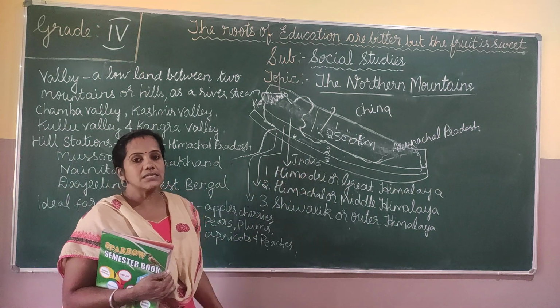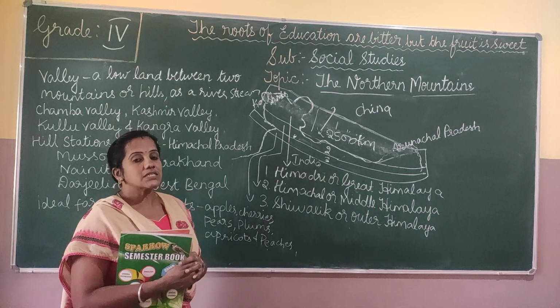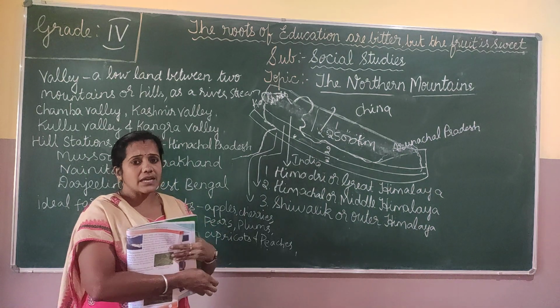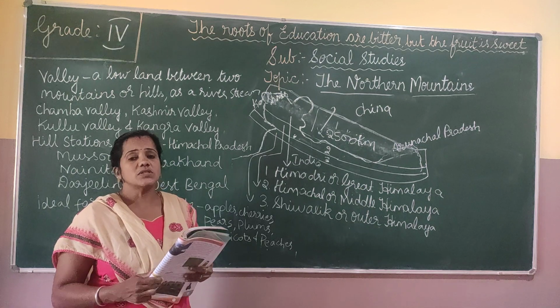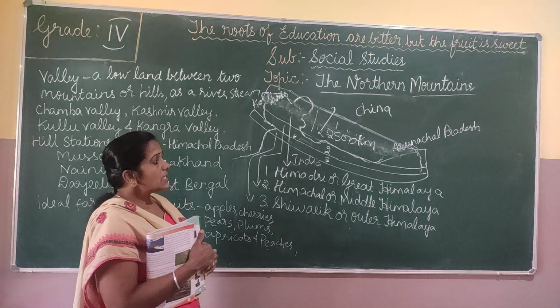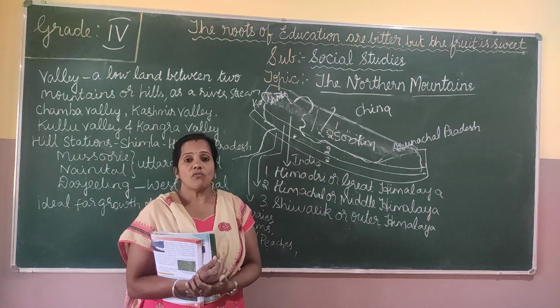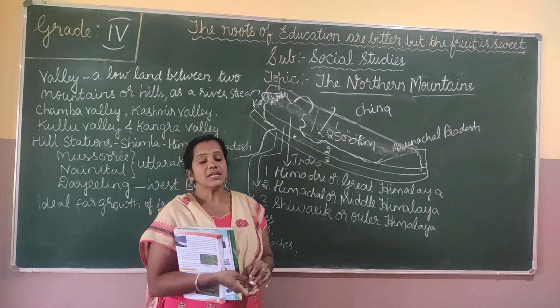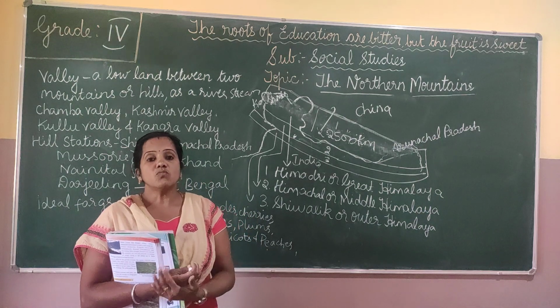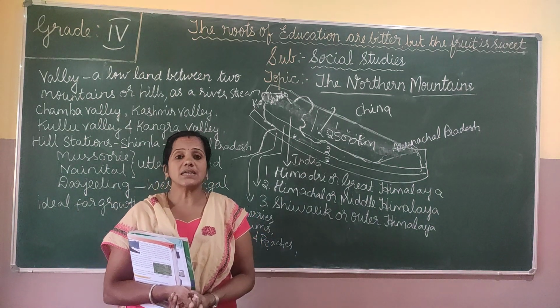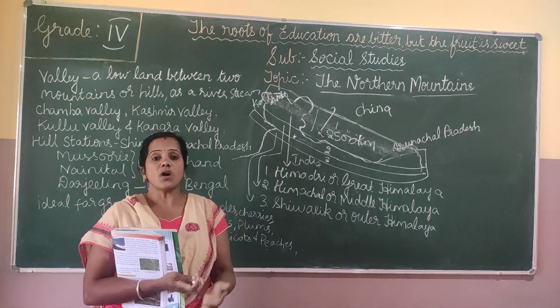Himadri is the longest and it dominates the high region of the Himalaya. The length of the Himadri is 2,500 kilometers and the width is about 150 to 400 kilometers. Most of the mountain peaks are covered with snow throughout the year.